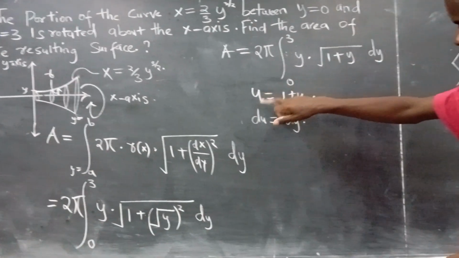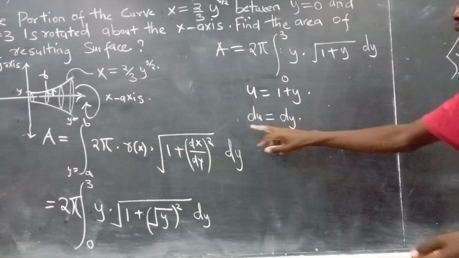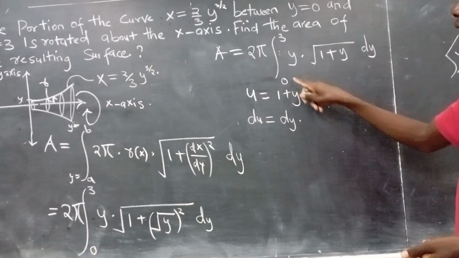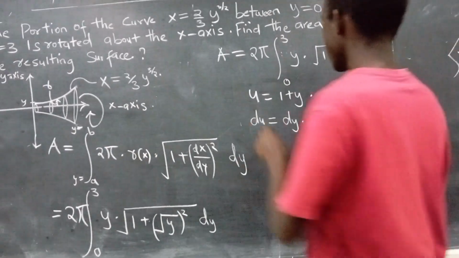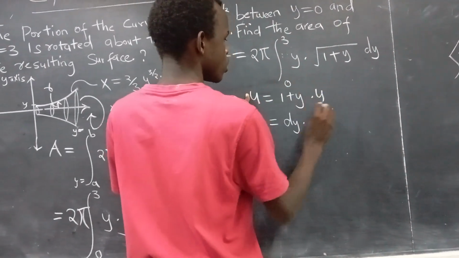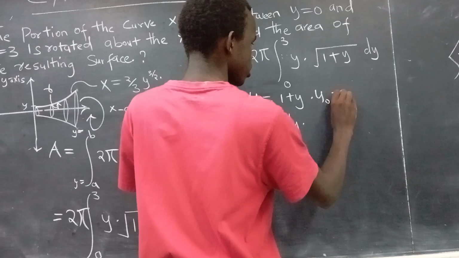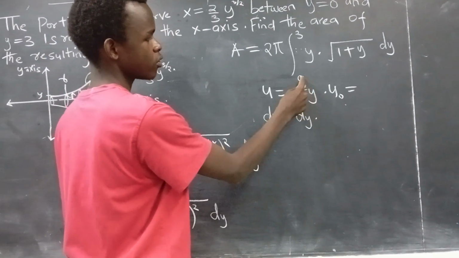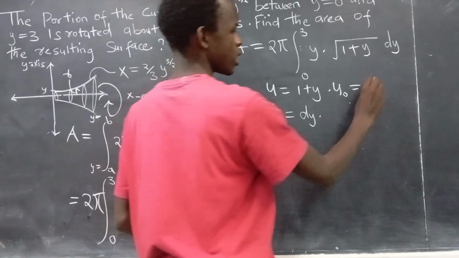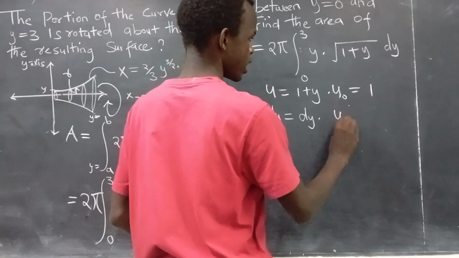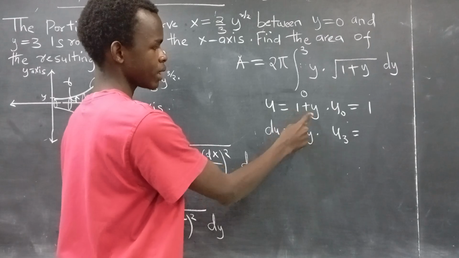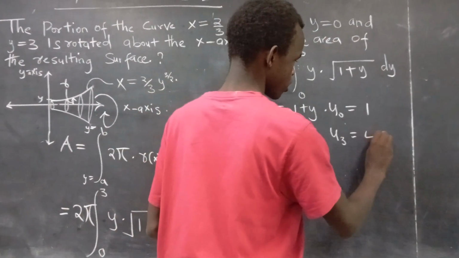So our u for 0 will be 1 plus 0, which is 1. Again, for y equal to 3, it will be 1 plus 3, which is 4.